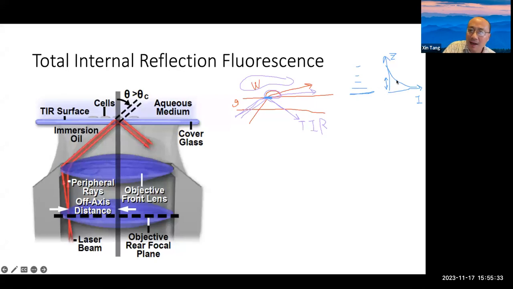Within this distance is sufficient to illuminate the bottom of the cell. At the bottom of the cell, what are there? The membrane, the ion channel, the integrin, the transmembrane protein are there.